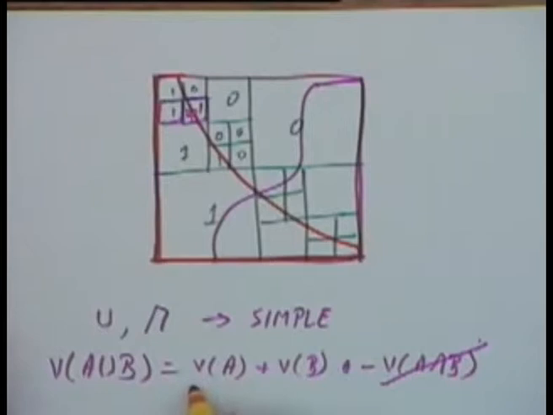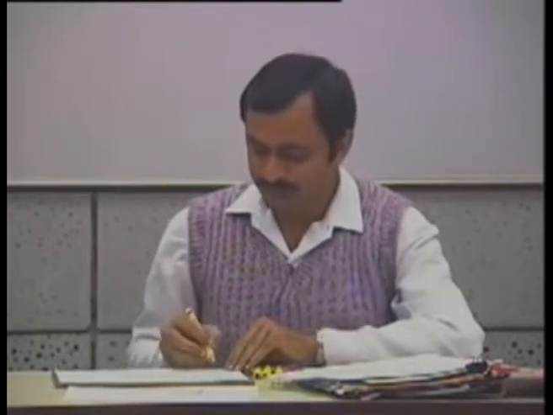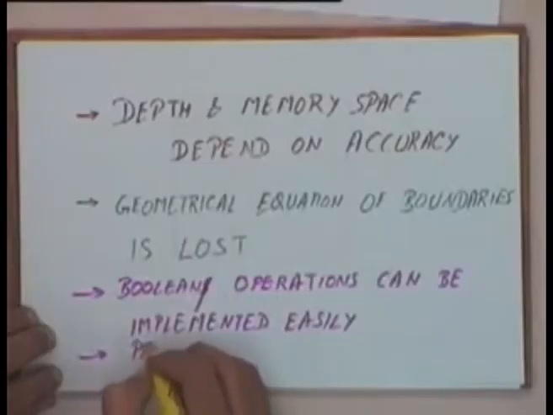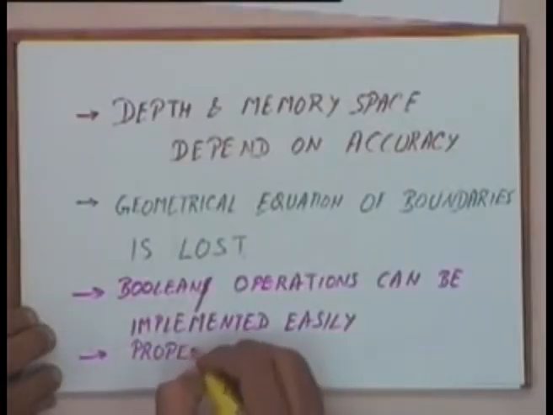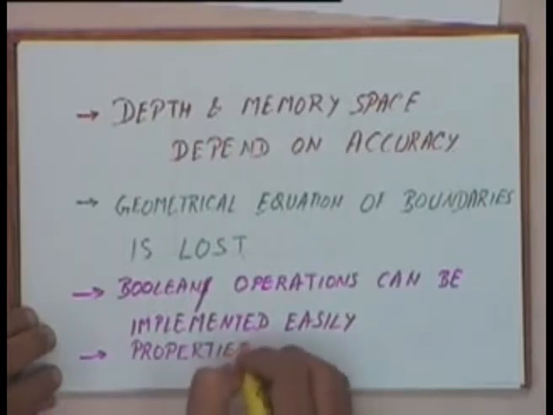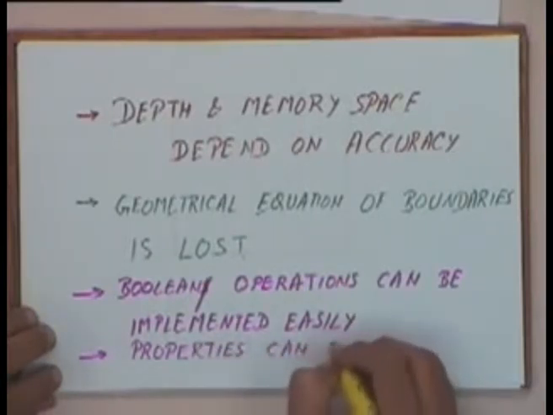So we only have the area of A plus area of B, or moment of inertia of A plus moment of inertia of B. Okay, so properties can be easily computed.